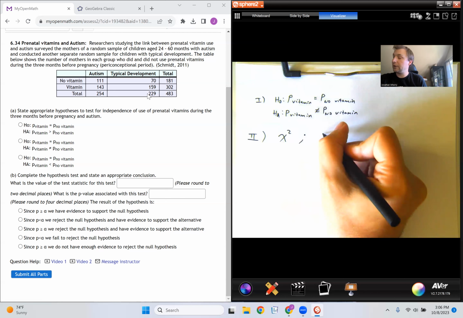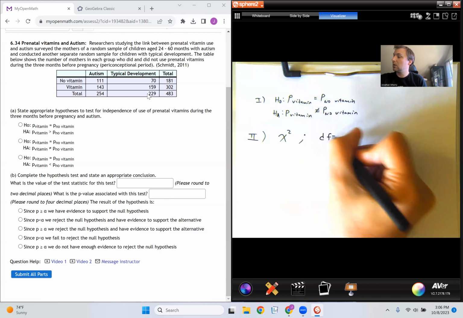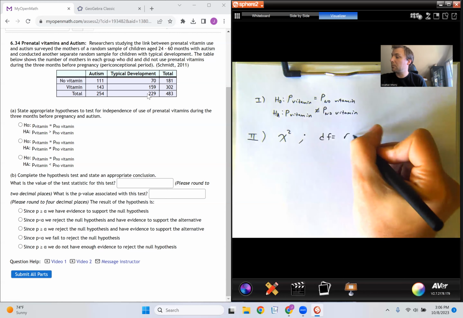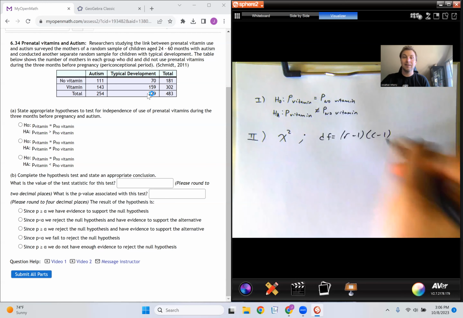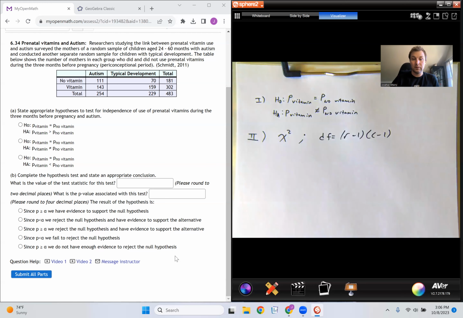And the degrees of freedom are the number of rows minus 1 times the number of columns minus 1, not counting the totals. So if I'm looking at this set here, then I've got these numbers on the inside giving me 2 rows and 2 columns.